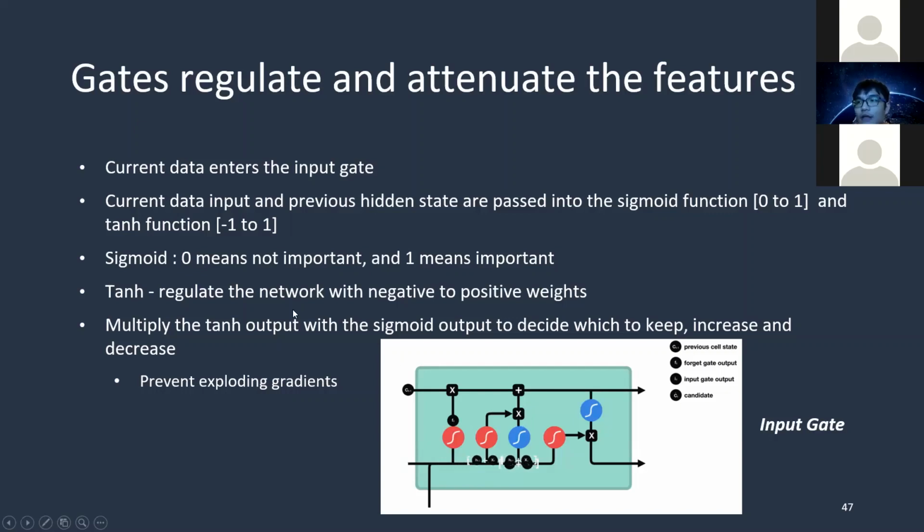When they join, they decide what is kept, and even if it's kept, if it's -1 to 1 and you multiply by 1, it's the same value; you decide whether it's a positive or negative weight. The priority of the features will change. That's something we consider a lot when we say gates regulate, attenuate or transform the features.